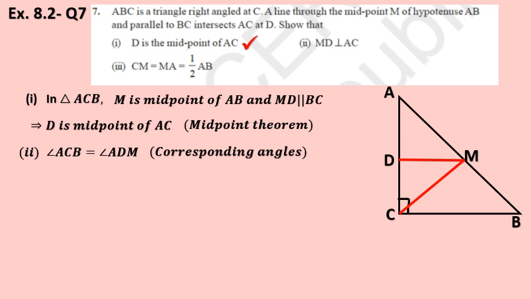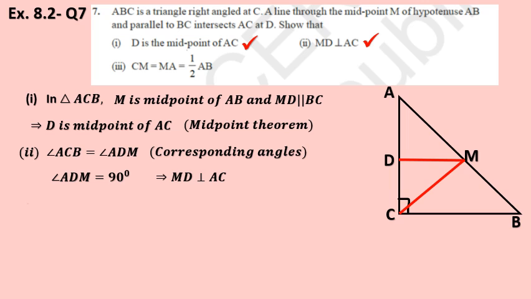Angle ACB equal to angle ADM because they are corresponding angles and angle ACB is 90 degrees. Therefore, angle ADM also 90 degrees. So, we proved MD perpendicular to AC.